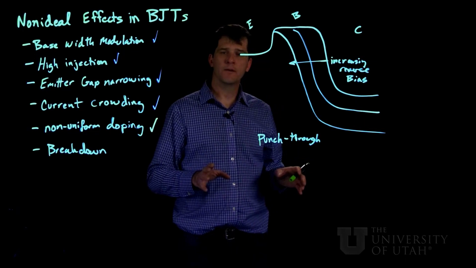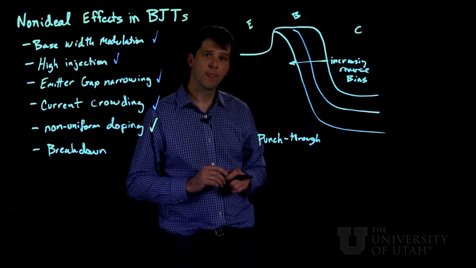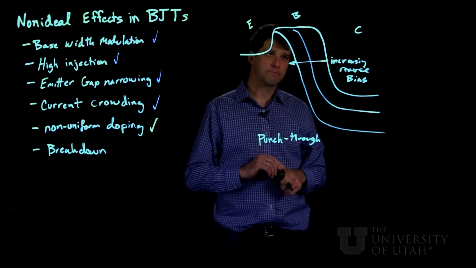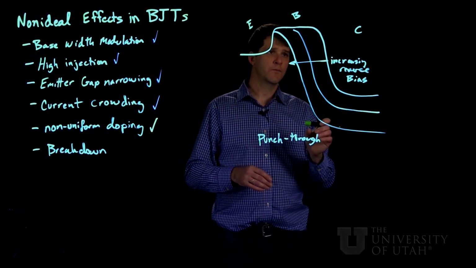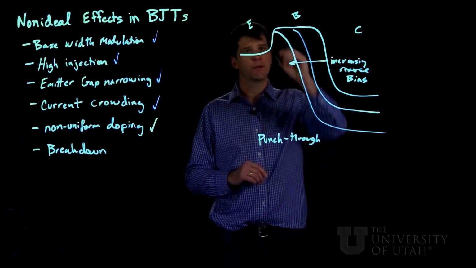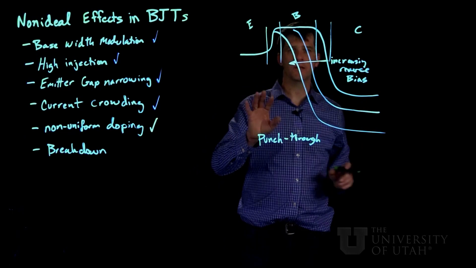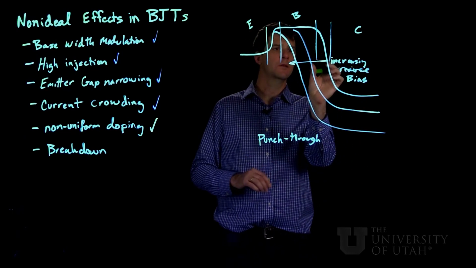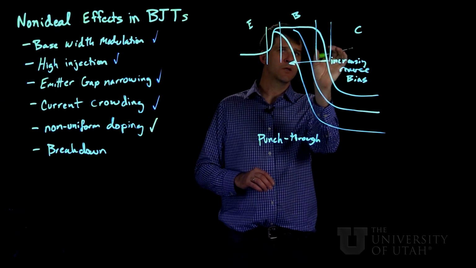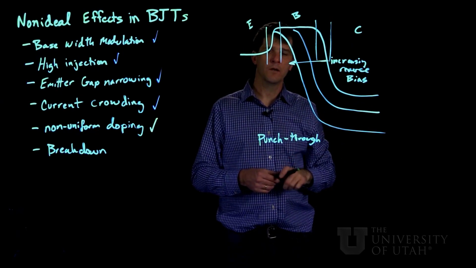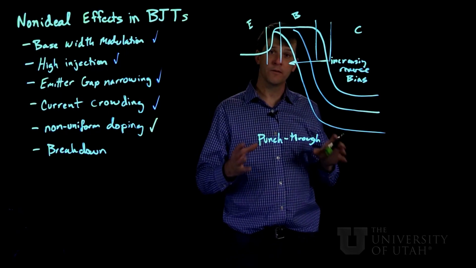Now, the other effects have to do with true avalanche breakdown. And in terms of the types of breakdown that can occur, we've already looked at carrier multiplication and breakdown in depletion widths. And at the base collector junction, the doping really isn't high enough to let Zener tunneling happen.